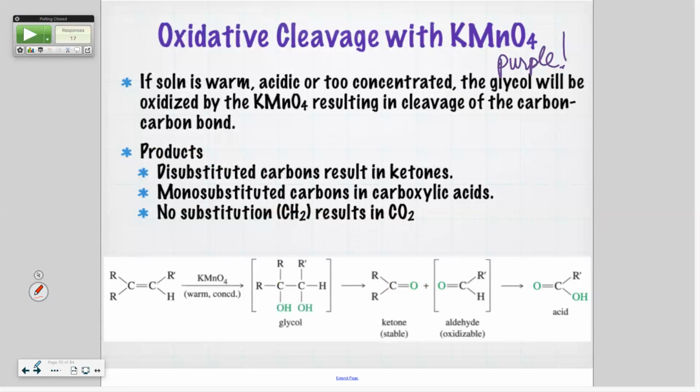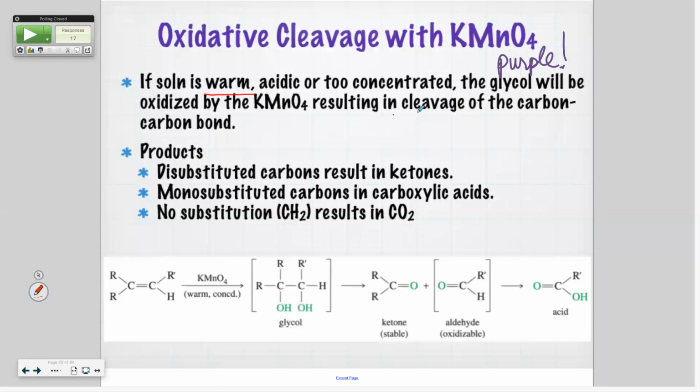Okay, so if you take potassium permanganate and you add it and it's warm and concentrated, typically they make strong solutions when they do that, the glycol gets formed. Remember, the glycol means the two OHs are on adjacent carbons. The glycol gets formed, but then it gets broken, okay?